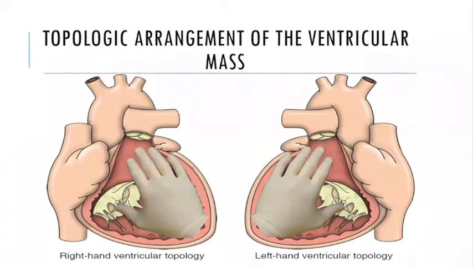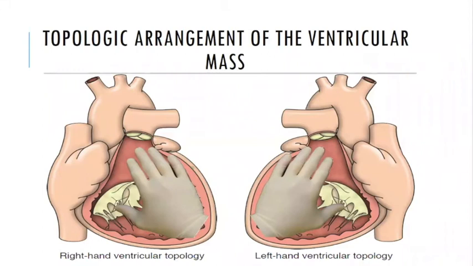I'm not sure if Dr. Farid can elaborate more. So yes, it is the same, but to understand other connections and other problems, it's better to use the left and right hand topography. Otherwise, it's the same. You may find additional pathology.